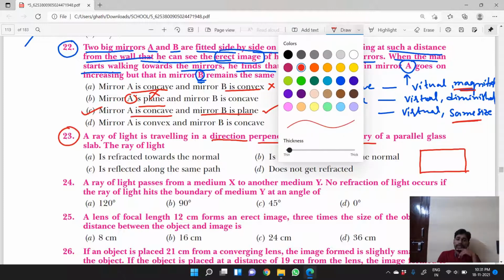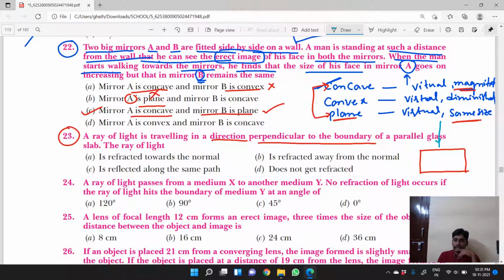If the ray of light is incident perpendicular to it in this manner, then without deviation the ray emerges outside. The speed of light may decrease while traveling from rarer to denser, but the direction does not change. Hence the answer is that it does not get refracted, meaning it is not bent.